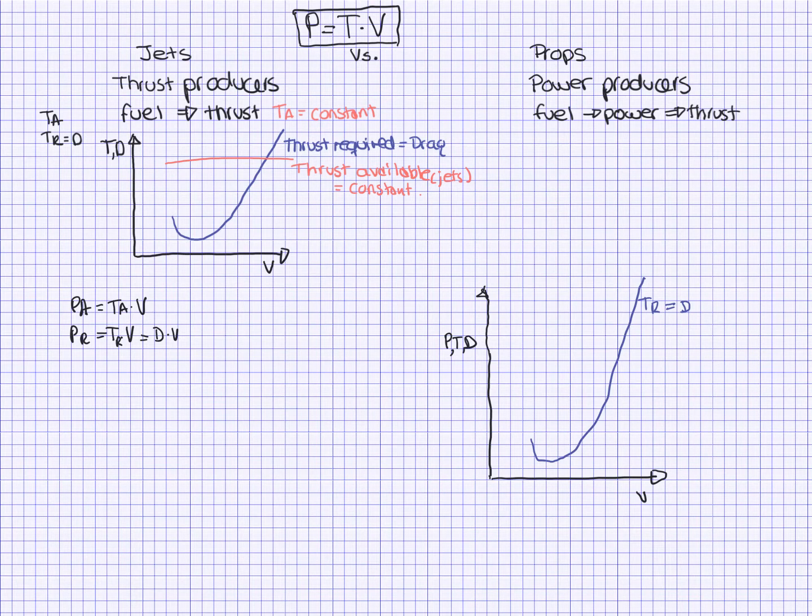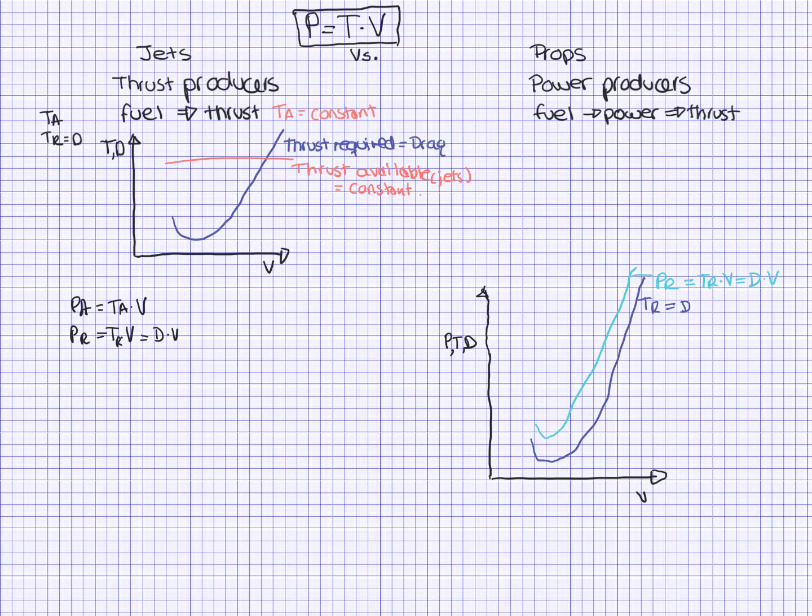Now, to draw power required, we're going to do thrust required times velocity, and we're going to draw power required. Power required is going to be very similar in shape to drag, or thrust required. It's just a little narrower and a little higher, because it's thrust required times velocity, which is the same as drag times velocity.